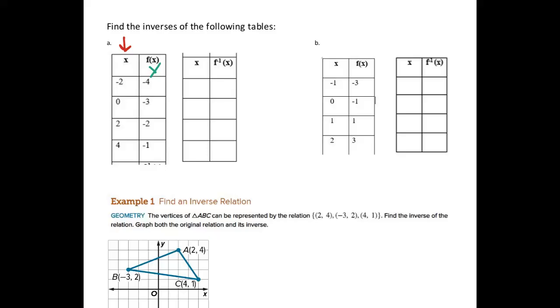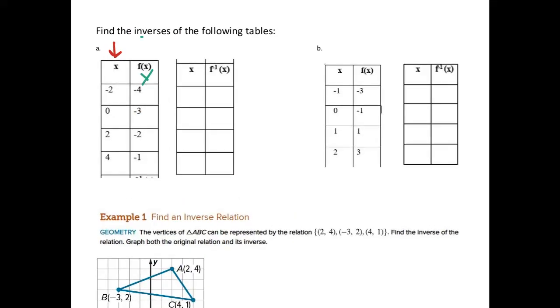So if we want to find the inverse of these tables, all of these x values are going to become the inverse function of x over on this side. So now -2 is showing the inverse function. Then we have 0.